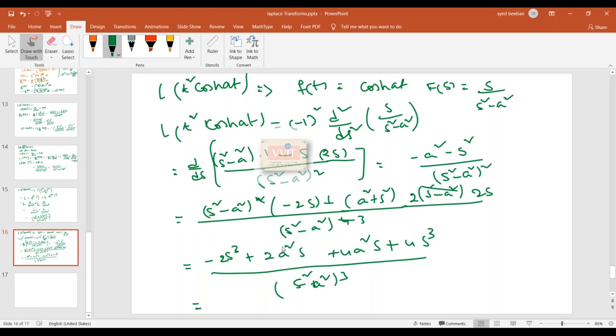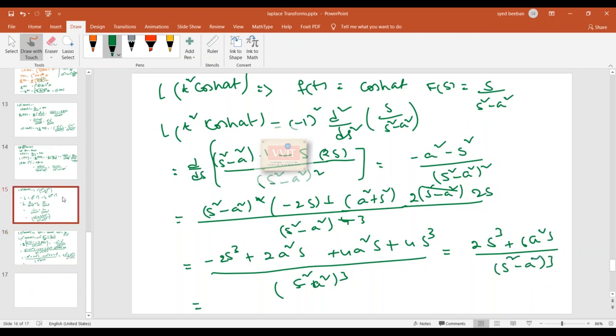Further simplification, 4s cube minus 2s cube will be 2s cube, plus 6a square s divided by s square minus a square whole cube.